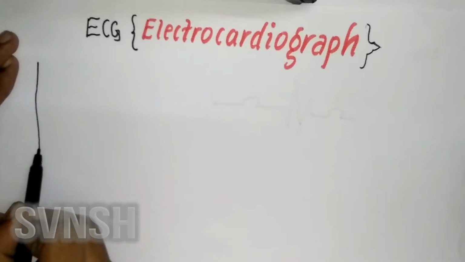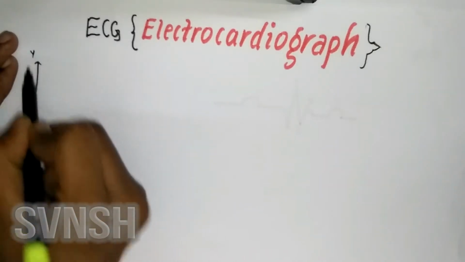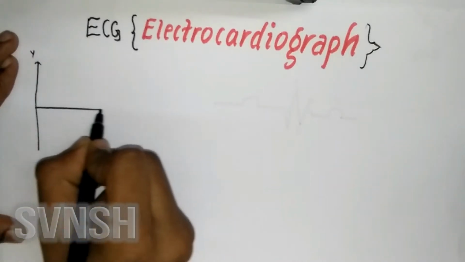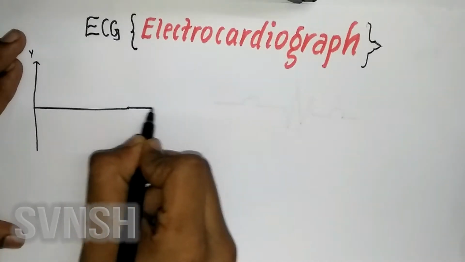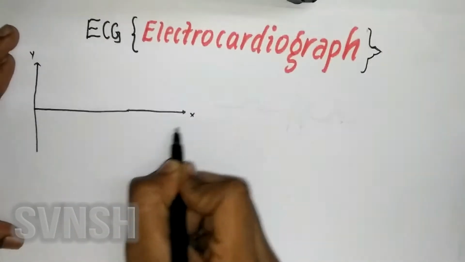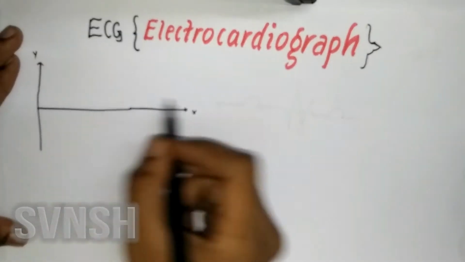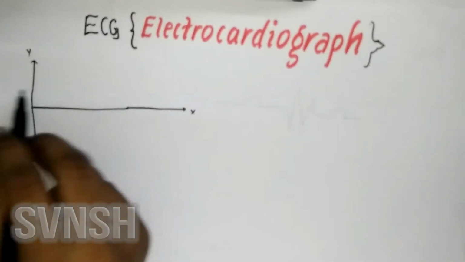This is the y coordinate here, this is the x coordinate. Now I'll show you the graph.